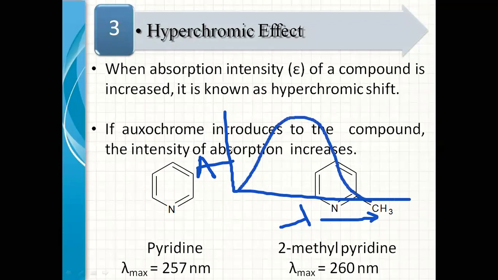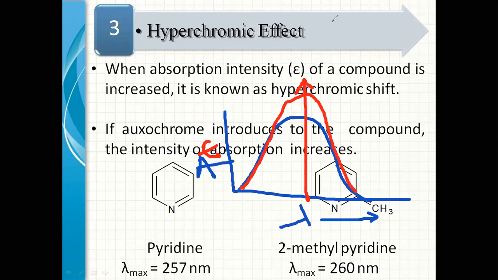When the absorption intensity, the molar extinction coefficient, of a compound is increased, so the amplitude increases, it is known as hyperchromic shift.